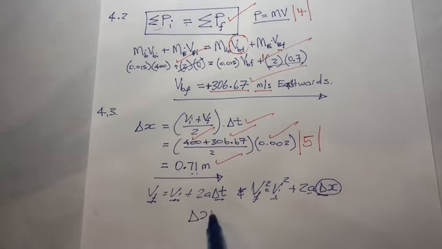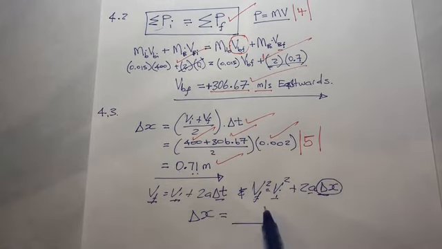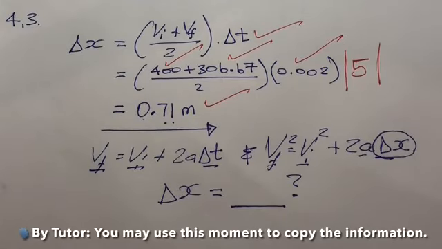So my question is, the change in x that you get using this second method, are you getting the same answer that I got, which is 0.71? That will be your homework, guys. So that was the end of question 4. This question was allocated 11 marks.